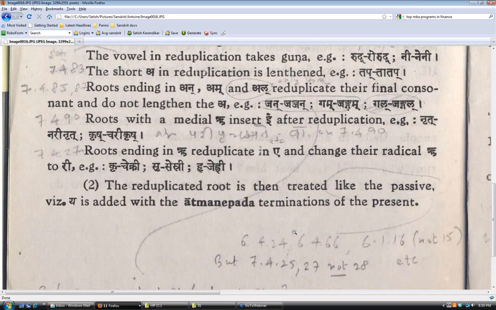I think all the rules that we need for the yang prakriya have been covered. So I hope I didn't go too fast. But there are not that many rules for the yang prakriya, and we have covered them now. So next time we'll start with Dhatu Jan. Go to Dhatu Vritti and see what all he gives. Jangamyate we'll do next time.